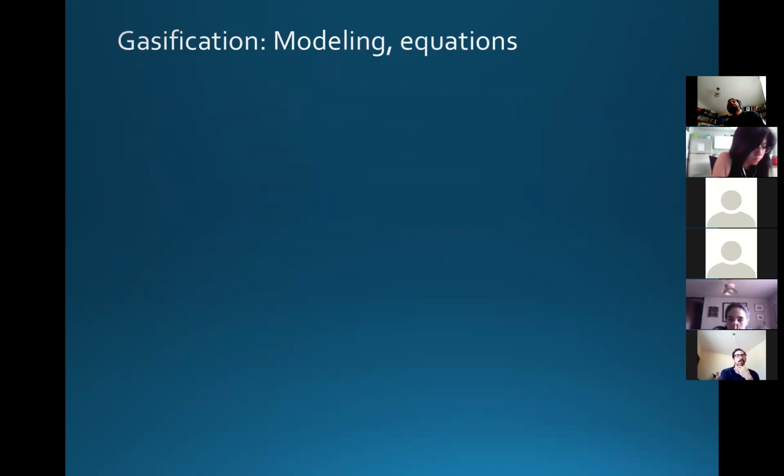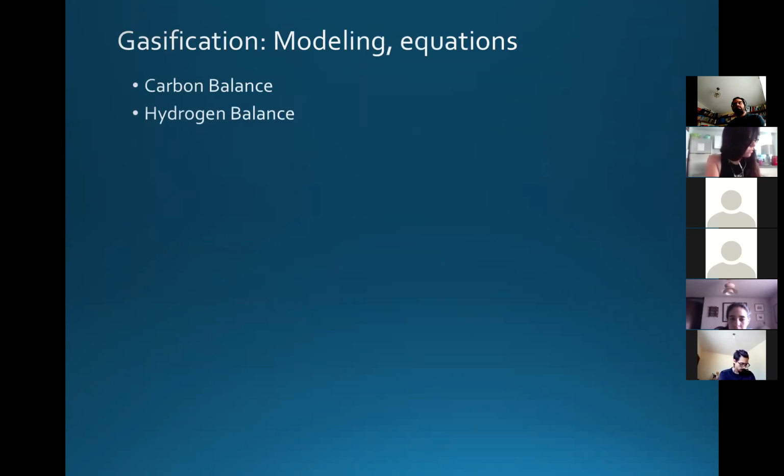So other things to take into consideration in the model, so you can see how complex it is to do a model about a complicated process like this gasifier with 6 reactions, is that we need the balance of carbon, hydrogen, and oxygen.